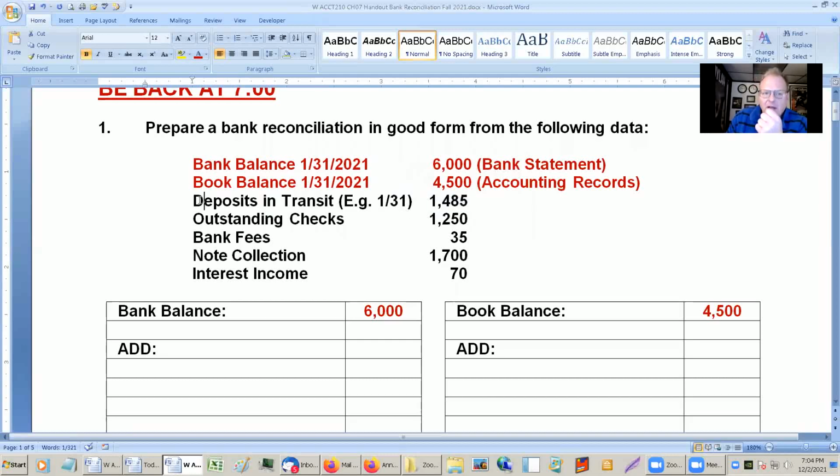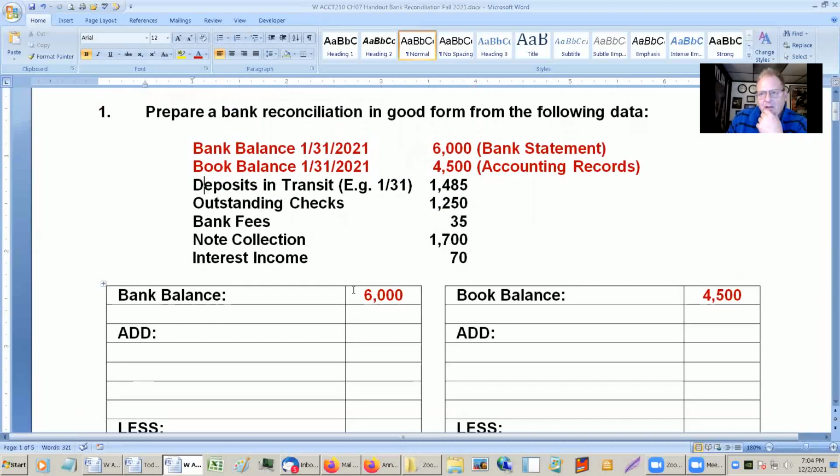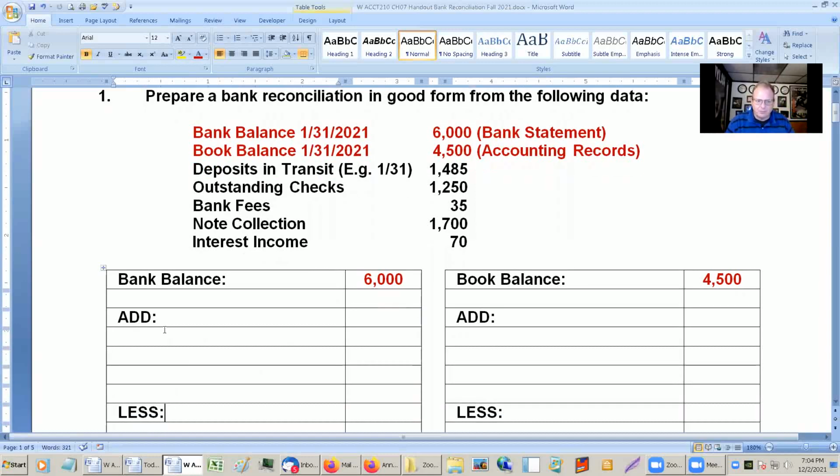Okay, so now you made a deposit, right? The bank just doesn't know. So whose side are we going to correct? The bank side or the book side? The bank. Yep. So deposit in transit, plus or minus? It's in transit, so you will receive it. So it's plus.